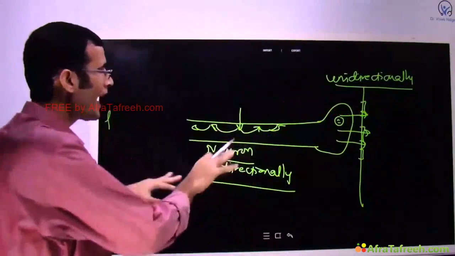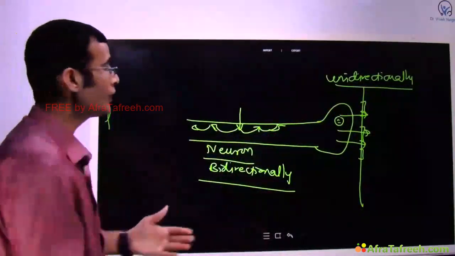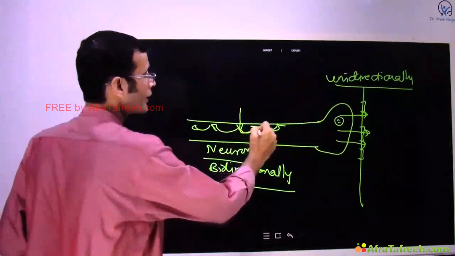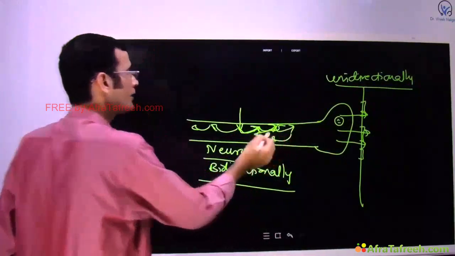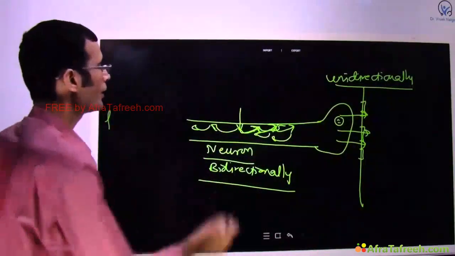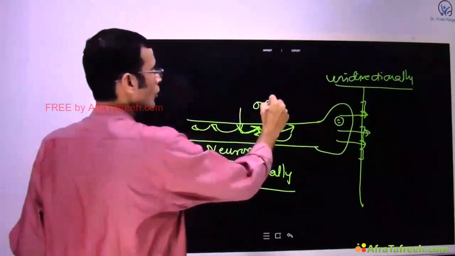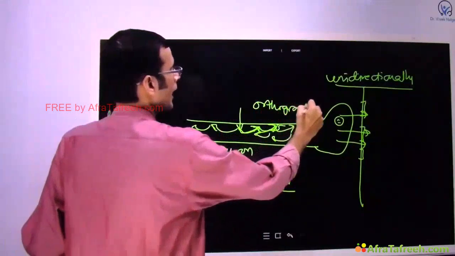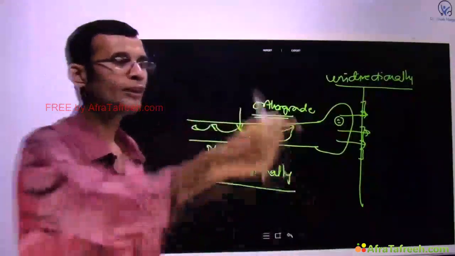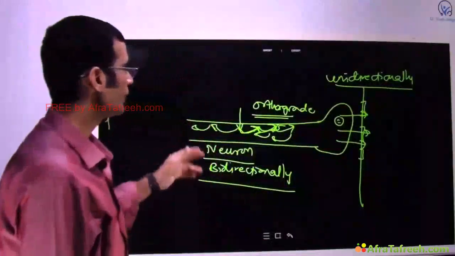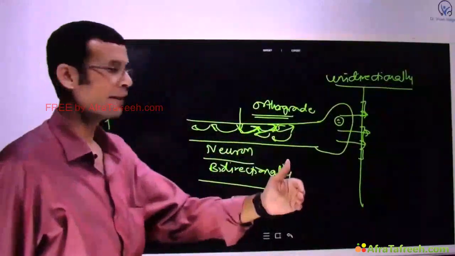Although a neuron can conduct bidirectionally, what is the meaning of that? Once it takes one direction, then it cannot come back to excite the previous area. This is termed as orthograde conduction, anterograde conduction or orthograde conduction. And onward straight conduction is called orthograde or anterograde conduction.